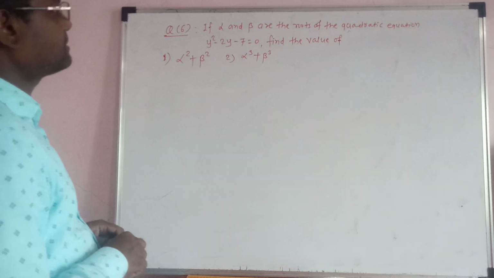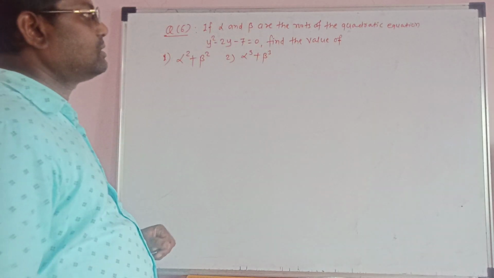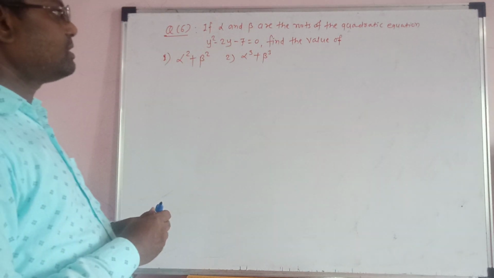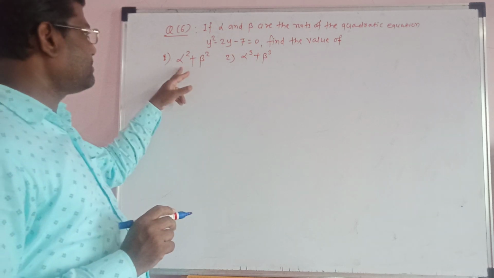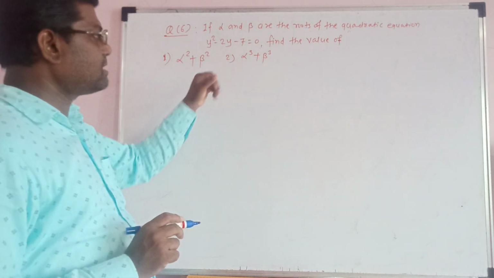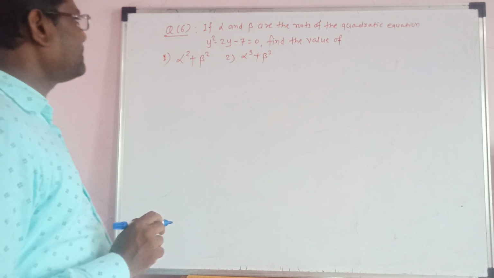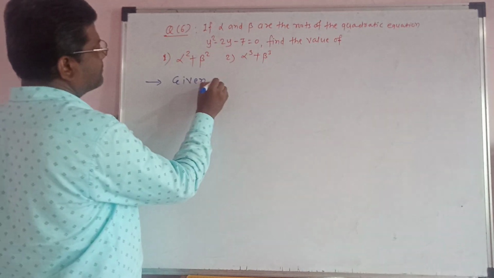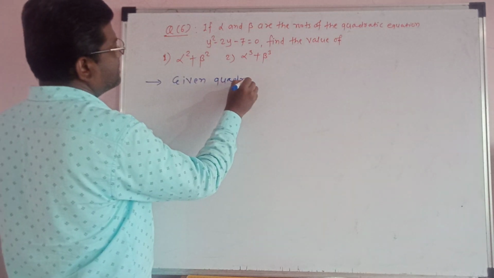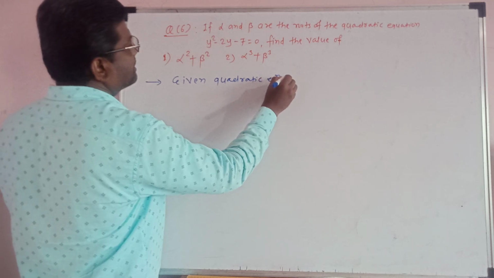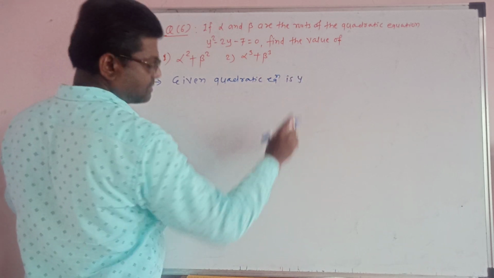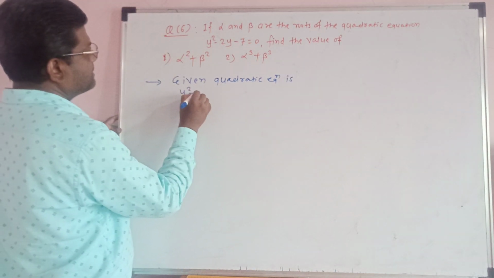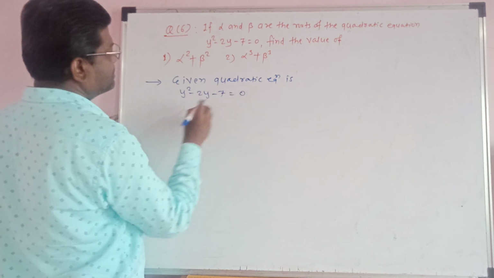Now question number 6. If alpha and beta are the roots of the quadratic equation y square minus 2y minus 7 is equal to 0, find the value of number 1, alpha square plus beta square, number 2, alpha cube plus beta cube. Now the given quadratic equation is y square minus 2y minus 7 is equal to 0.